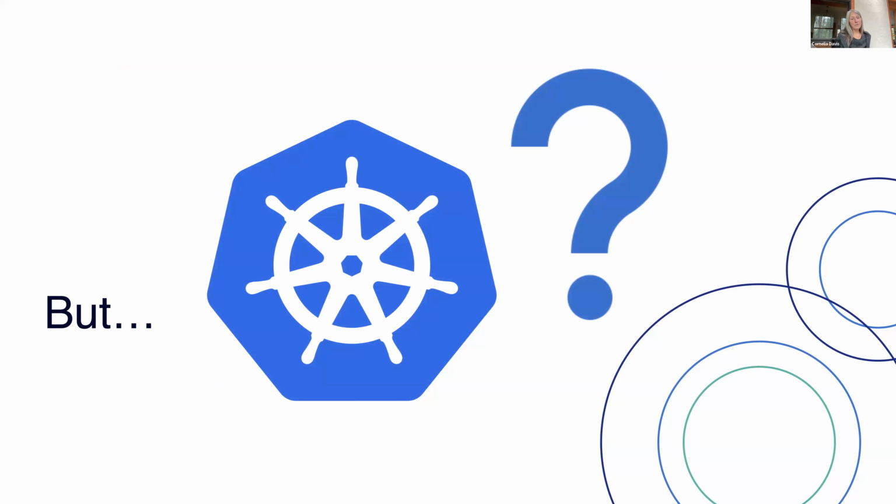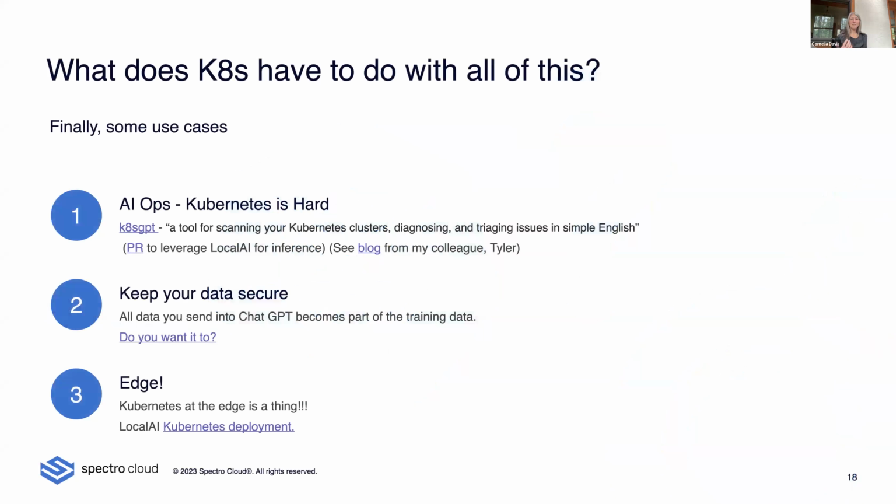And given that many of us live in this environment where Kubernetes is looming large in what we do on a day-to-day basis, and that's certainly what I do working for Spectro Cloud, which has a Kubernetes management platform, multi-cluster, multi-cloud, at-scale management platform, many of these use cases that I'm going to talk about are related to Kubernetes. So let's talk about Kubernetes-related use cases. And there's three that I want to talk about.